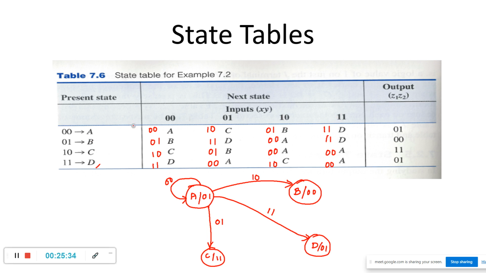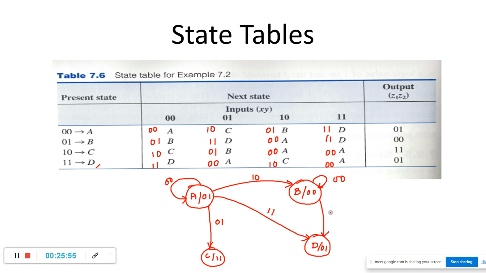B is going to B when it is 0 0, isn't it? So here B is going to B with the input 0 0. Next, B is going to D with the input 0 1.